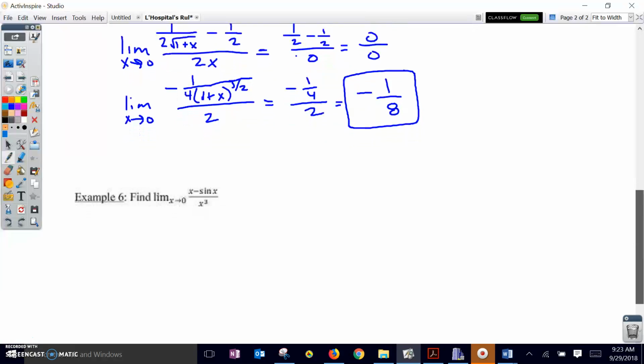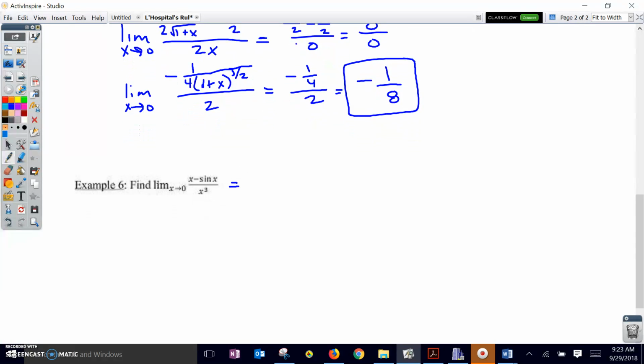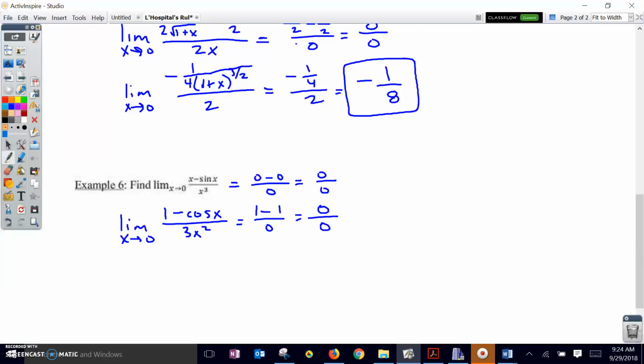And our last example, again we confirm that it's 0 over 0 before we apply L'Hopital's rule. And now we'll apply L'Hopital's rule. We'll take the derivative of the numerator over the derivative of the denominator. And this again is 0 over 0. So we'll apply L'Hopital's rule again.